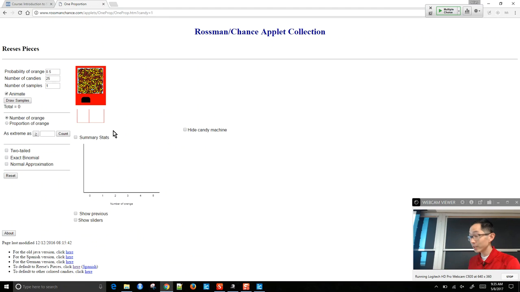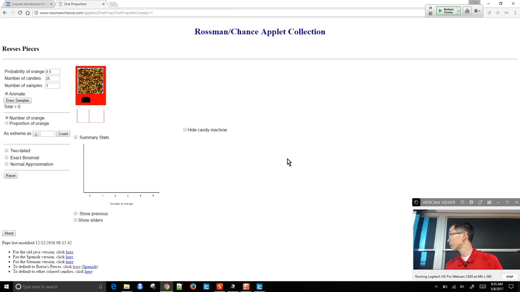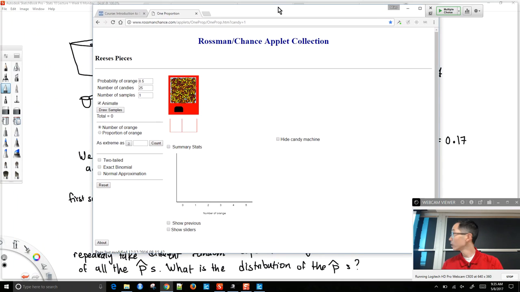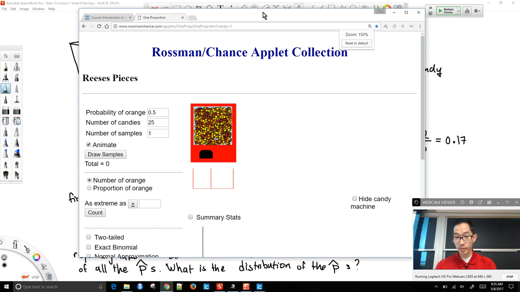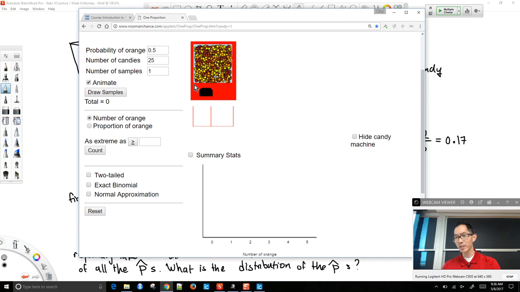The app uses Reese's Pieces candies rather than M&Ms, but it's the same idea. Let me zoom in here. Reese's Pieces, I don't know if you know, it's like the same thing as M&Ms, except they have peanut butter inside, and there's only 3 colors. They're orange, yellow, and brown.